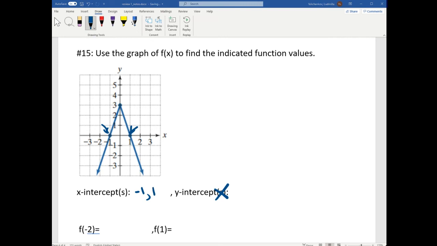The y-intercept is the point where the graph intercepts the y-axis, and let us ask a poll question now. Please find what is the y-intercept on this graph.